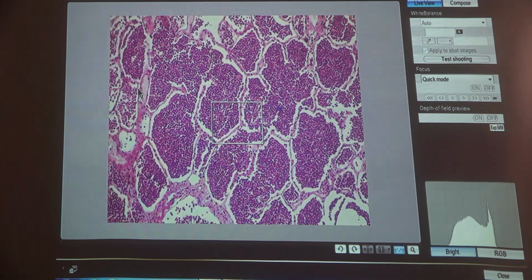These cells are mainly neutrophil, filling the alveolar spaces, means pus cells within the alveolar spaces, and there is little number of RBCs.